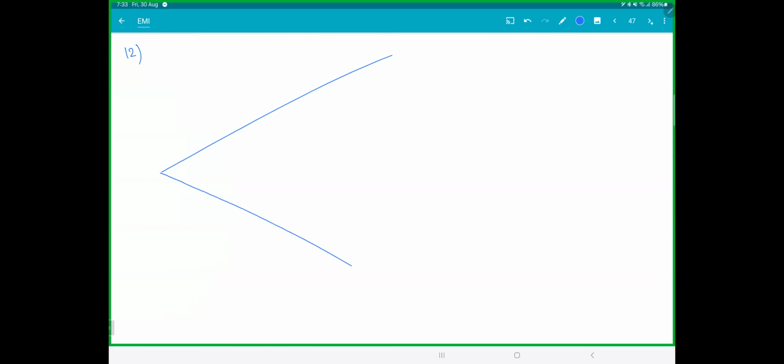We have a V-shaped conducting rail. Top view. Smooth, fixed, V-shaped rails. This angle is theta. The magnetic field is B. You have a long rod.